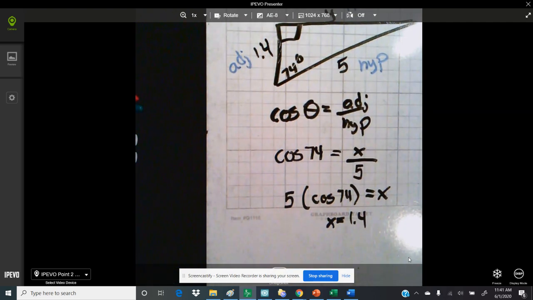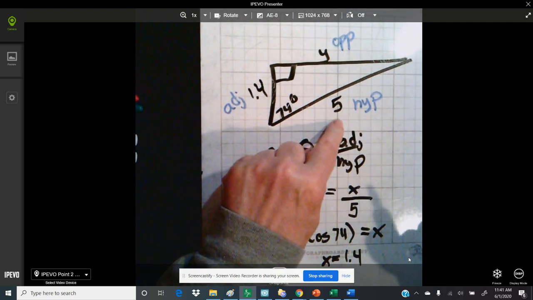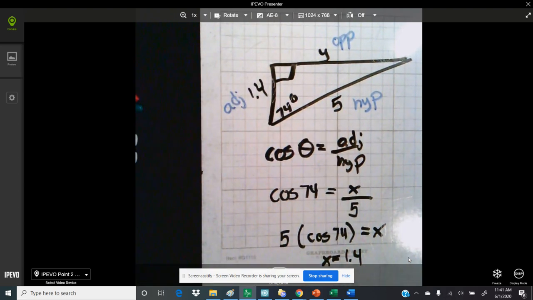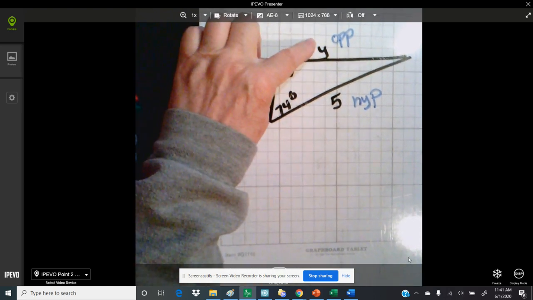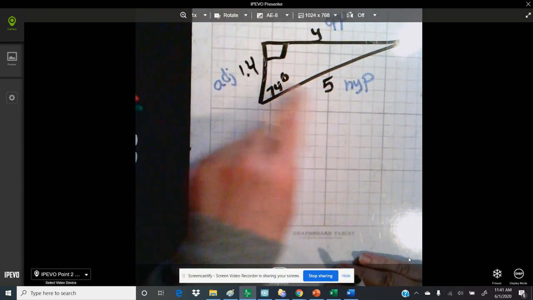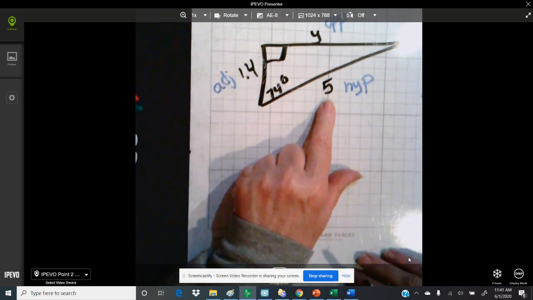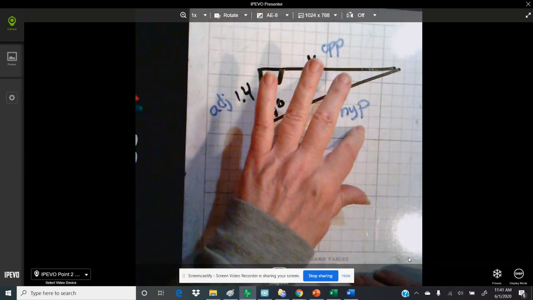Well, at this stage, I could use my Pythagorean theorem because now I know two sides, so I could use my Pythagorean theorem to find my third side, but let's use trig just to practice it. So now I want to find y, and I could use either side, but because I calculated this one, and this is the one that's given, I'm going to stick with this one. So now I have the opposite and the hypotenuse.